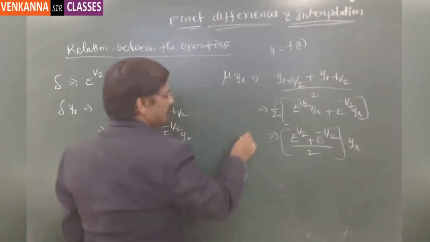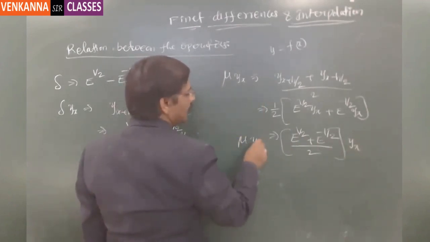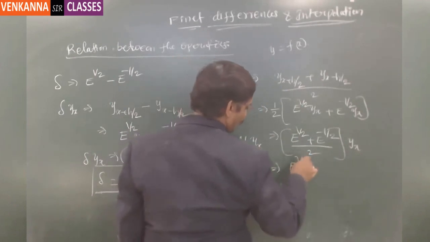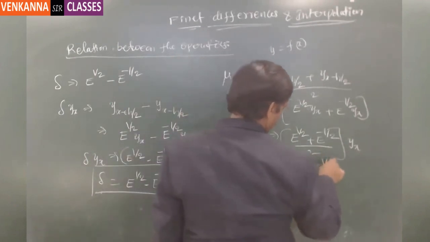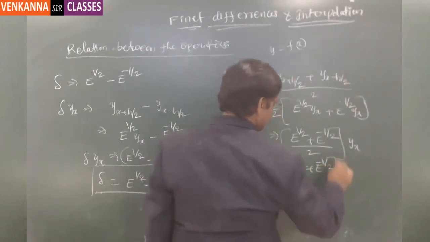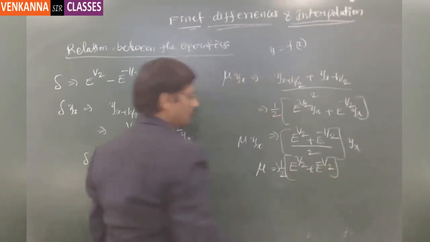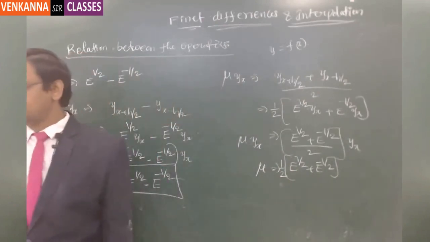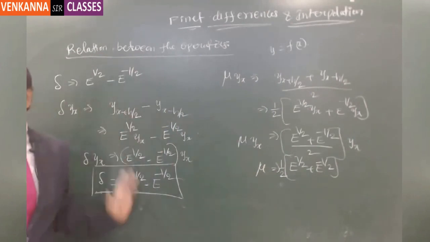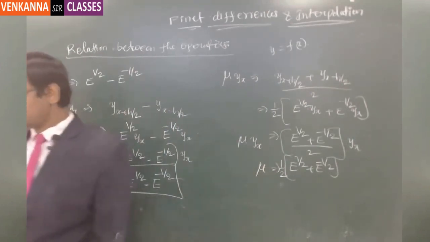This is mu y(x), the averaging operator, so mu is equivalent to E power 1 by 2 plus E power minus 1 by 2 multiplied by 1 by 2. Right? So this is the averaging operator, and this is the central difference operator. Got it? You can note this down.